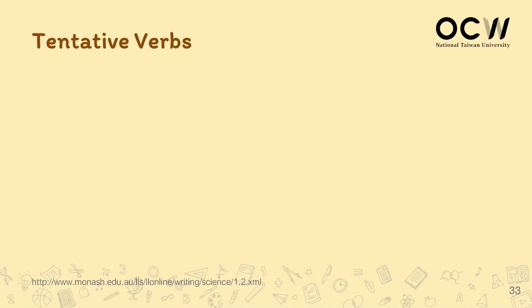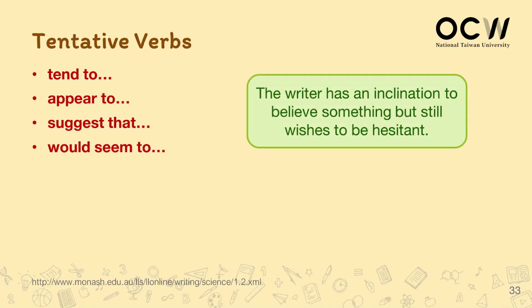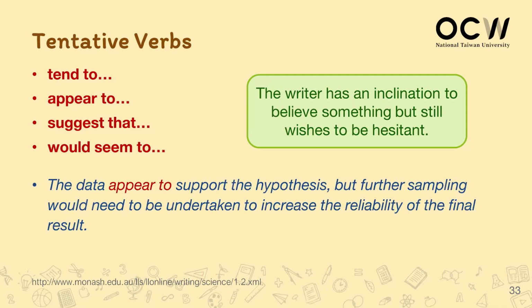Next, let's look at tentative verbs. Tentative verbs are suggestion words. These different tentative verbs indicate that the writer has an inclination to believe in something, but still wishes to be presented as hesitant to show that uncertainty. Let's look at an example.